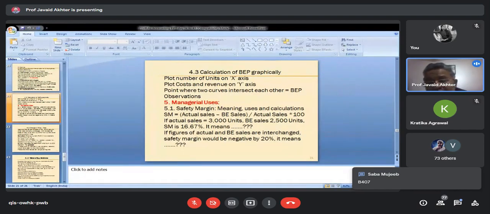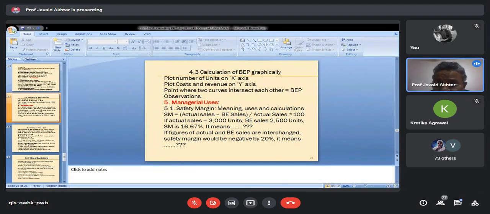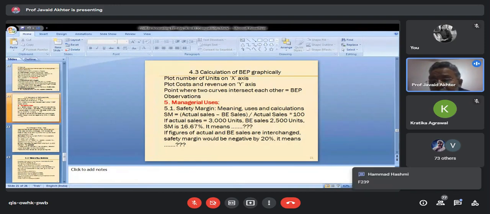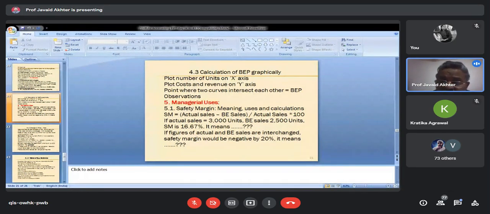The area below the intersection point represents losses. The area beyond the intersection point represents profits. One more thing you would observe, that losses are more when you are closer to O. Losses keep on reducing as you move on to the intersection point.